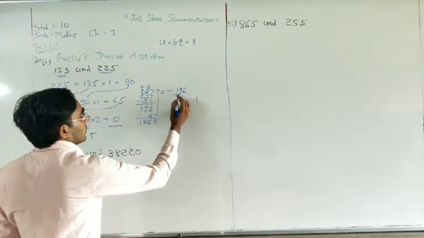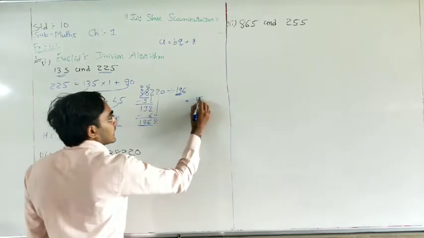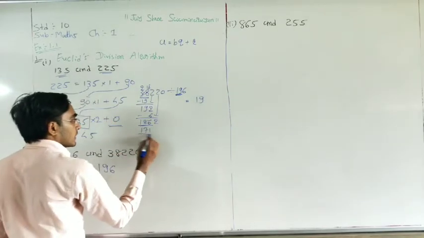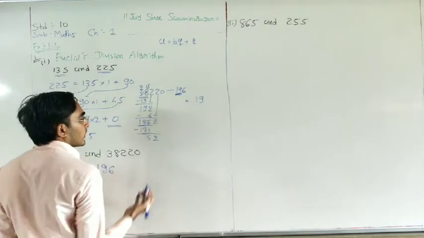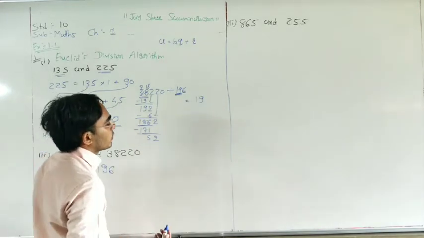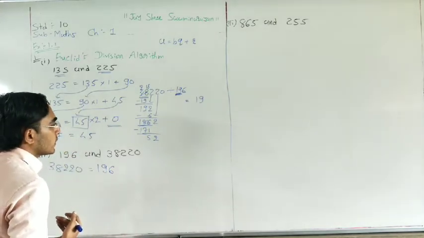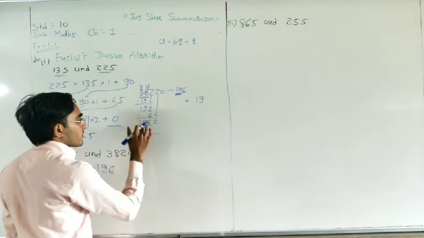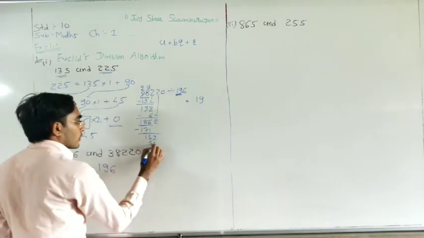So 1, 8, 6. From here 2 is that. Now again 19 and here 186. So 19. 9 are 171. Right, so here 5, 2, 9, 6 are 54. But here we have only 15 and 2. 9, 6 are 54.